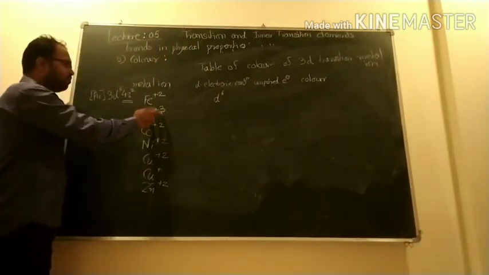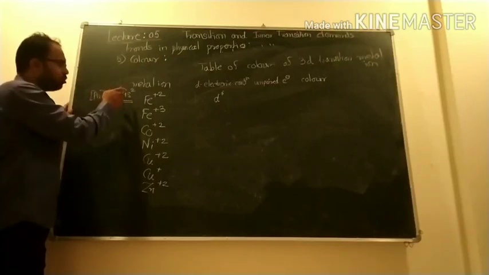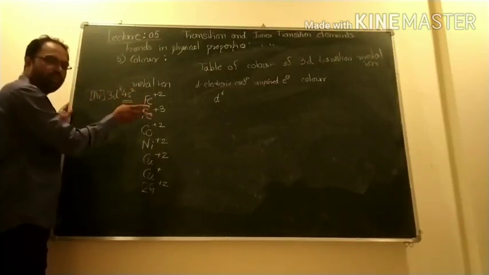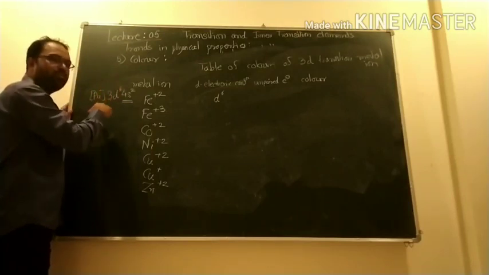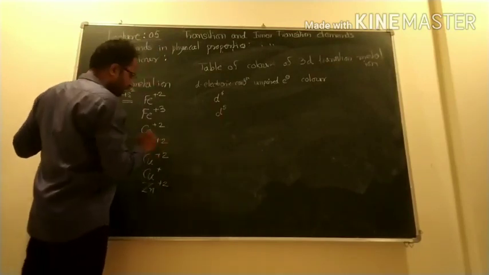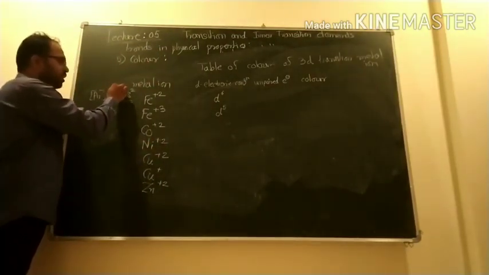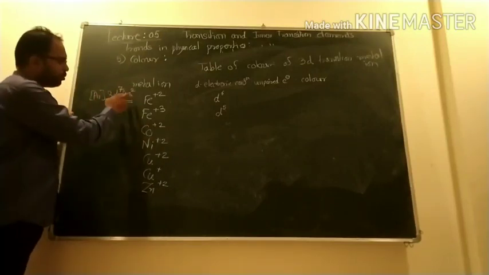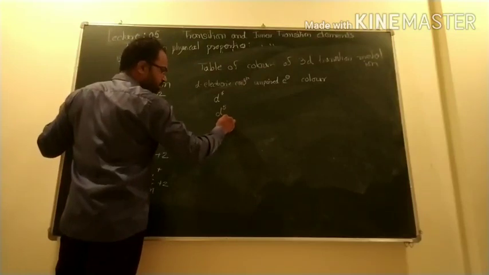For +3, 1 extra electron is removed from 3d. So 2 electrons from 4s, that means 4s0, and 1 electron from 3d, so 3d6 becomes 3d5. This is the d5 case. Now for Co +2, cobalt is 3d7 4s2. 2 electrons are removed from 4s, that means the d7 case.